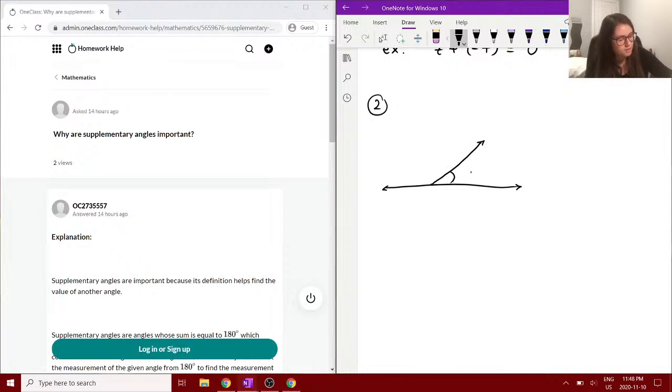We have our angle alpha and our angle beta. If alpha is our given angle, for example, or angle of interest, then beta would be called the supplementary angle.